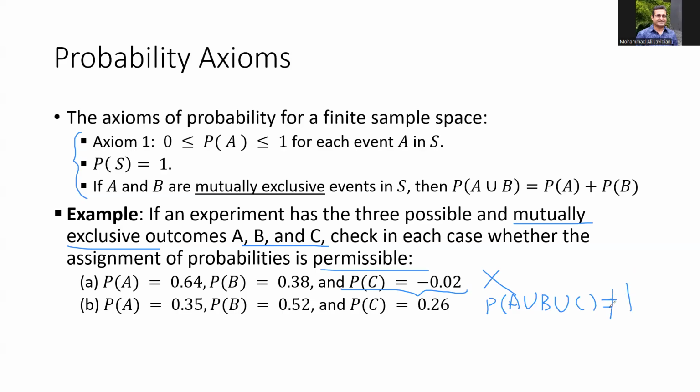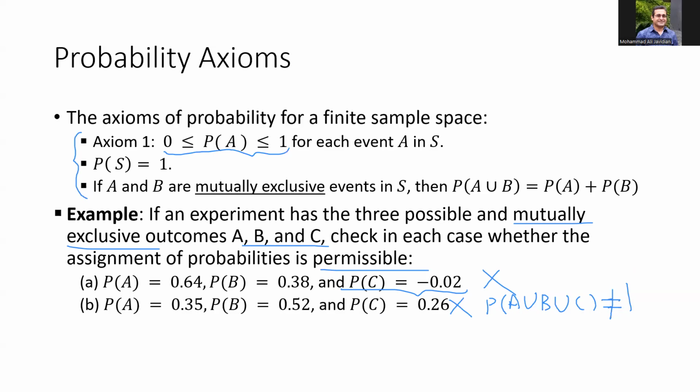It's not 1, because 0.35 plus 0.52 plus 0.26 is more than 1. So it is not going to happen. The probability always is between 0 and 1. And when the events are mutually exclusive, the sum of them cannot exceed 1.